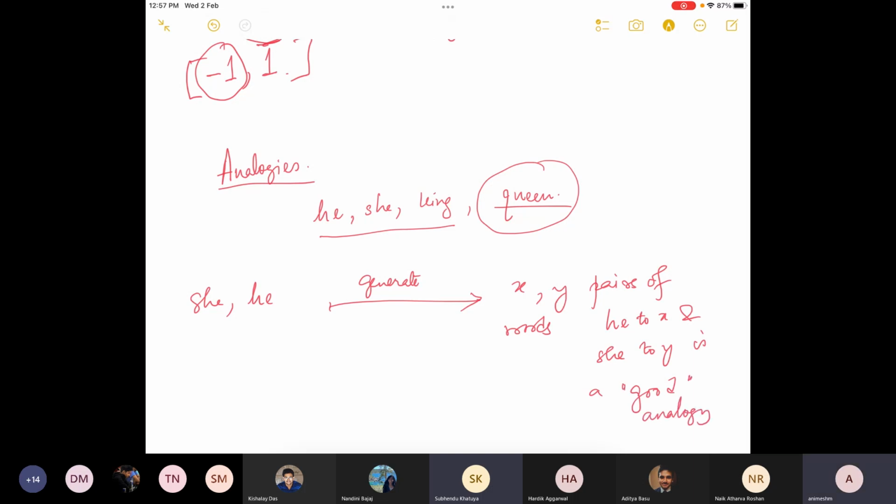This is their objective. The general objective of an analogy task is that you have 3 words given and you want to guess the 4th word.